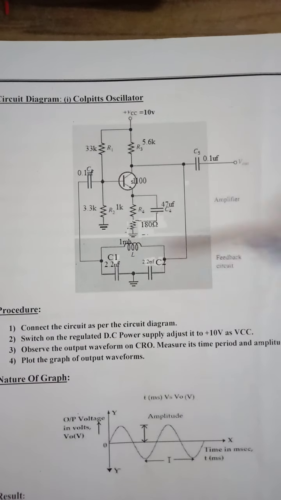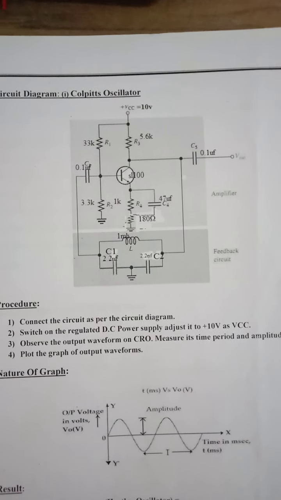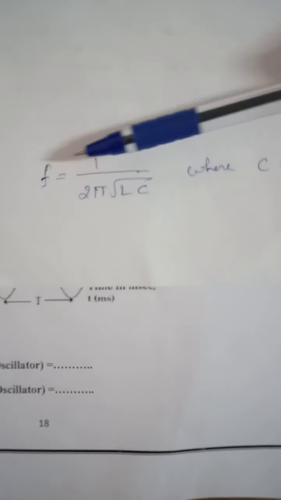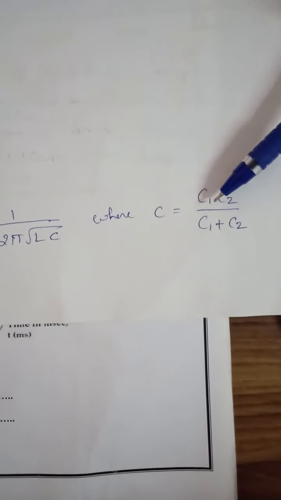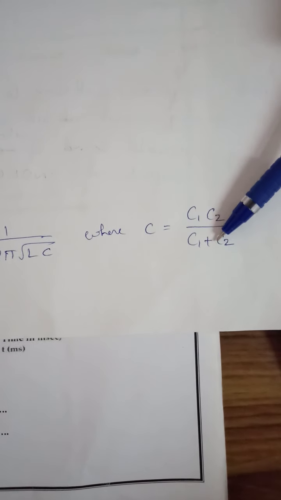By adjusting the loop gain of this circuit, we can get the sustained oscillation, and the oscillation frequency of that sustained oscillation f can be given as f equals 1 divided by 2 pi root L into C, where C is the series combination of C1 and C2, given as C1 into C2 divided by C1 plus C2.